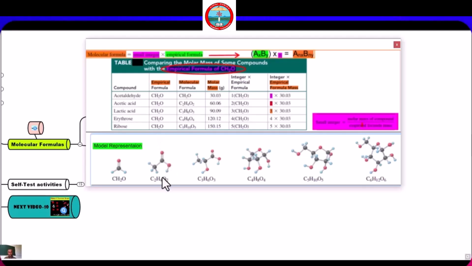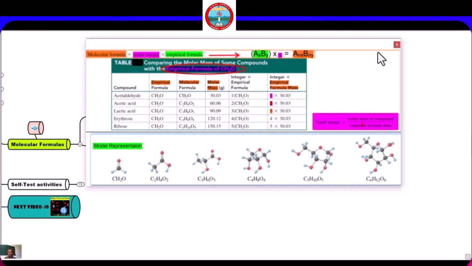If the integer is 3, the molecular formula becomes this, when you multiply this by 3, it becomes this one, and the model representation seems like this. And you can see for others, this is the relationship between the empirical formula and the molecular formula.